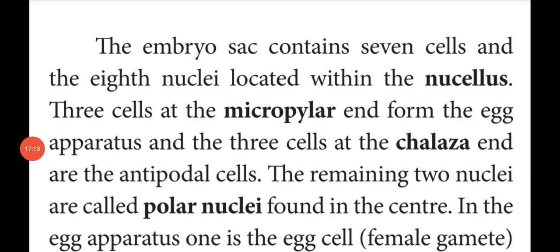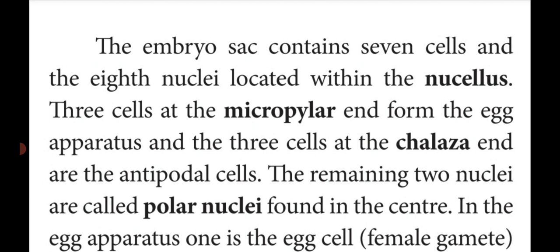Dear students, what I explained with the help of the diagram is given in the paragraph. See the first line: the embryo sac contains 7 cells and 8 nuclei located within the central region, which is the nucellus. Of these 7 cells, 3 cells at the micropylar end, underline the word, form the egg apparatus.